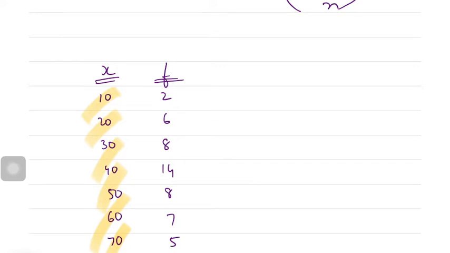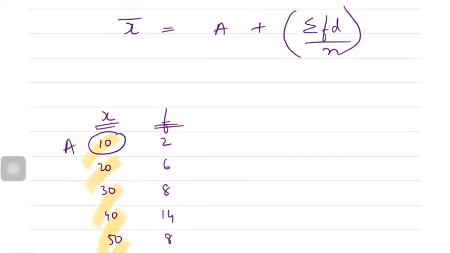But I want my calculation to become easy, so I take the first number as a. And this d is equal to x minus a. So my next column is d, which is x minus a.